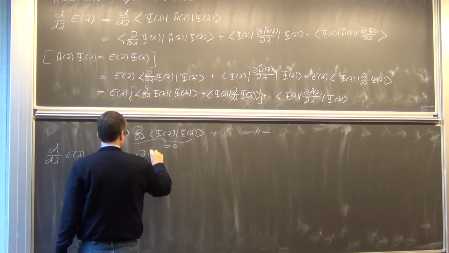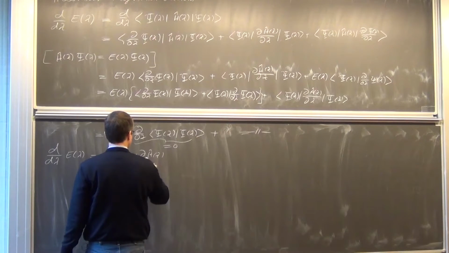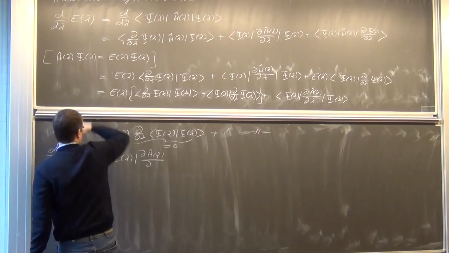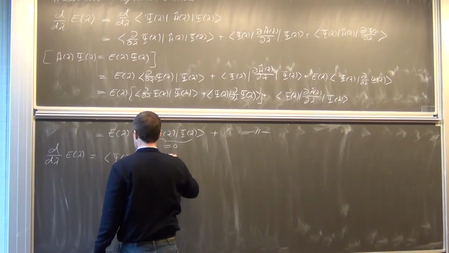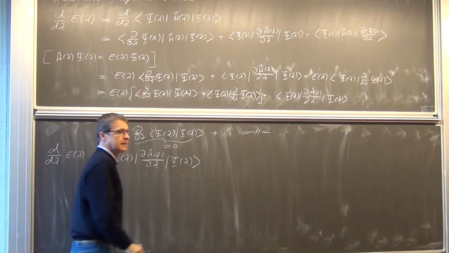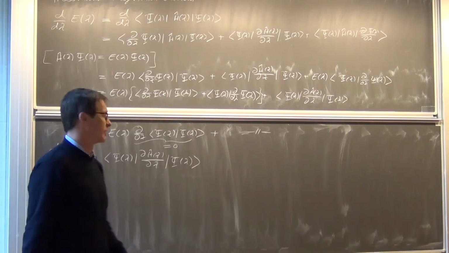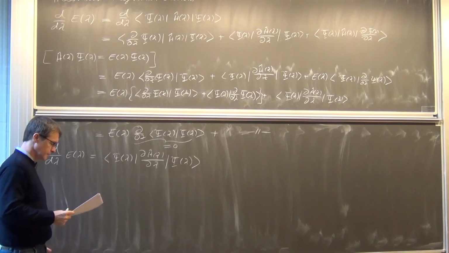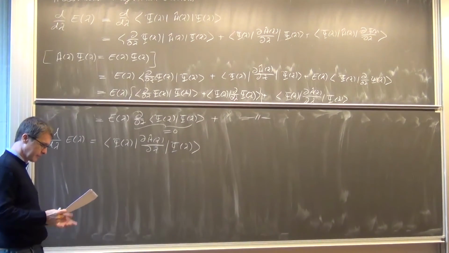If I have exact states, meaning my wave functions are actually eigenfunctions of the Hamiltonian, this is just the expectation value of the derivative of the Hamiltonian, which is the Hellmann-Feynman theorem.